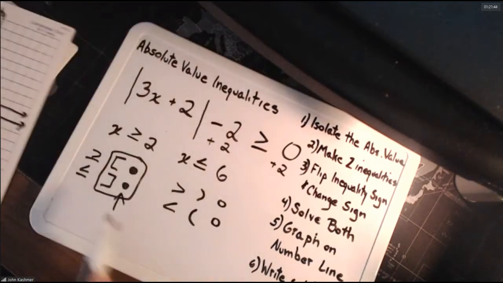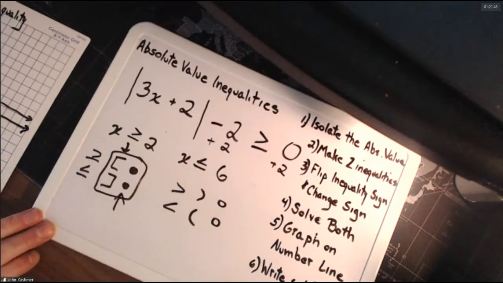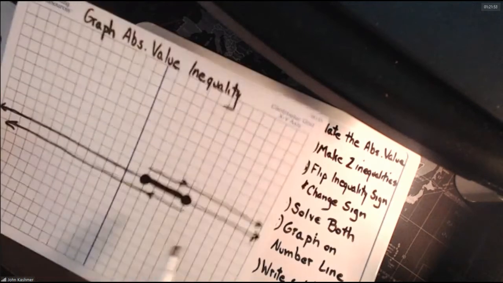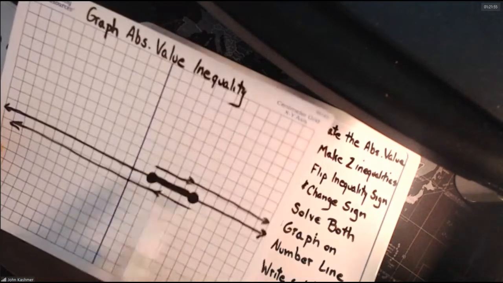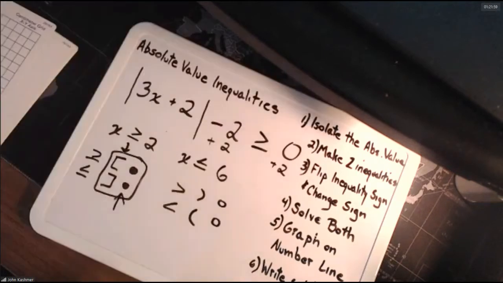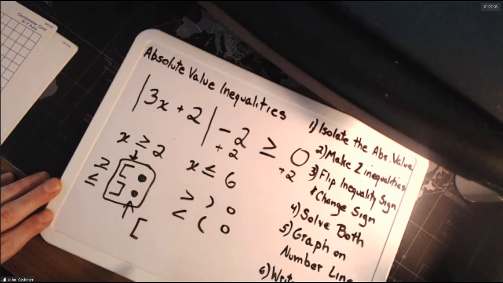Now we have to come back to these symbols for set notation. So we need to express the fact that the solution set is everything between these two closed dots, which represent 2 and 6. So what we're going to do is we are going to use our parentheses, our brackets, and we are going to say that 2, 6, and that would be our answer.